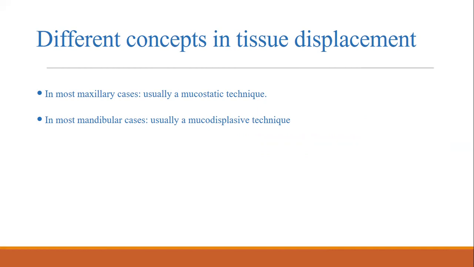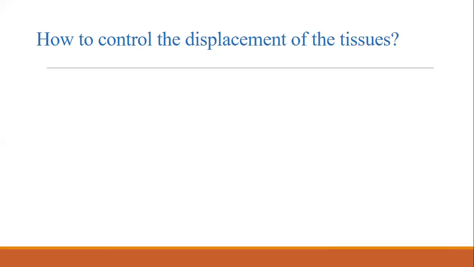In most mandibular cases usually mucocompressive. Okay, this is mostly, this is generally. بس في حالات معينة، في حالات اللي إحنا رح نأخذها مع بعضنا بالرابعة وللأمام رح تلاقوها إنها ممكن تختلف من arch إلى آخر. How to control the displacement of tissues by the viscosity of the material.